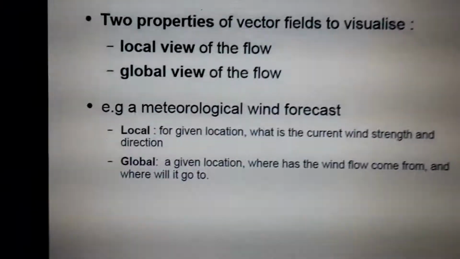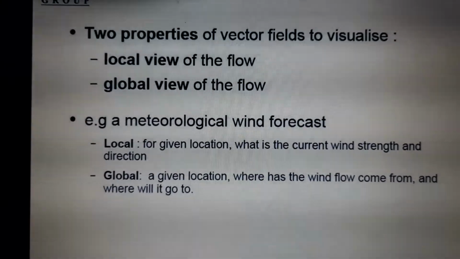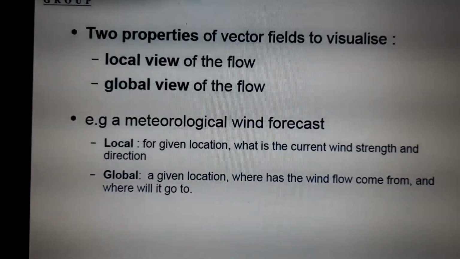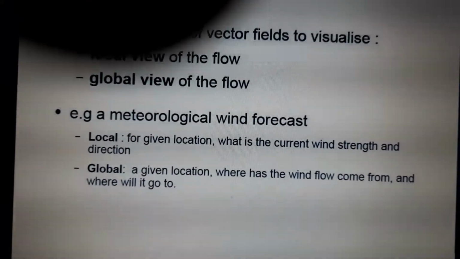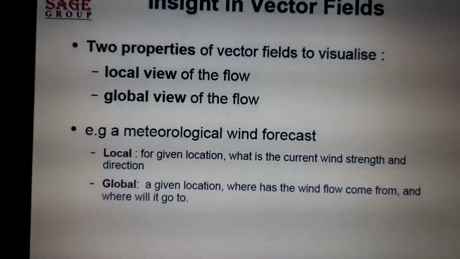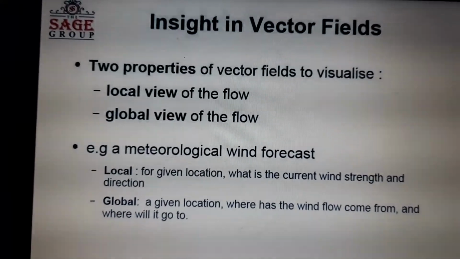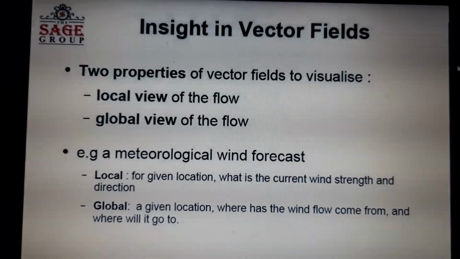And in global view, for any given location, where has the wind flow come from and where will it go, all the neighboring flow patterns will be observed and displayed.